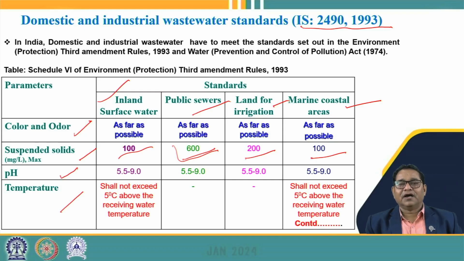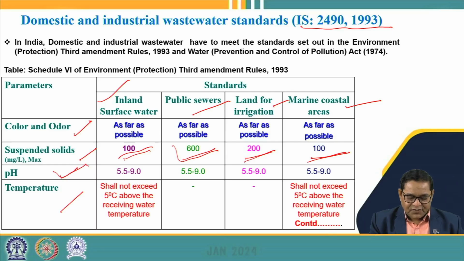So again that treated wastewater should conform to this standard. Wastewater which is to be used for land irrigation, for agricultural reuse, should not have more than 200 milligram per liter of suspended solids. When it is disposed onto the oceans or marine, it should not have more than 100 milligram per liter.